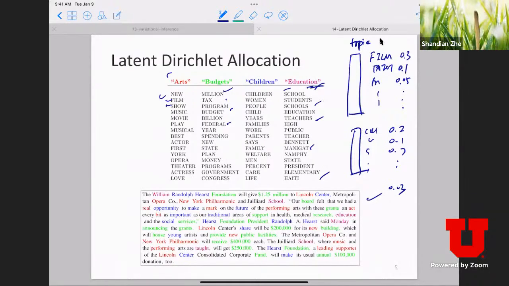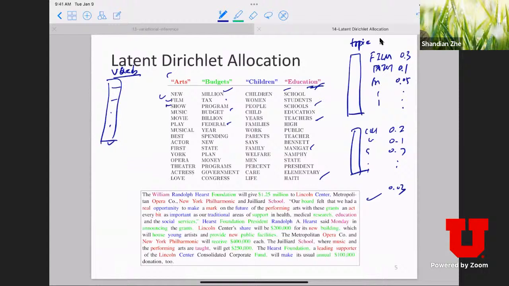So the mathematical model of these topics is that I'm going to assume a fixed-length vocabulary, so each token in this vocabulary corresponds to a particular word. And each particular topic is associated with a distribution of the words in this vocabulary. Of course, different topics will correspond to different distributions.